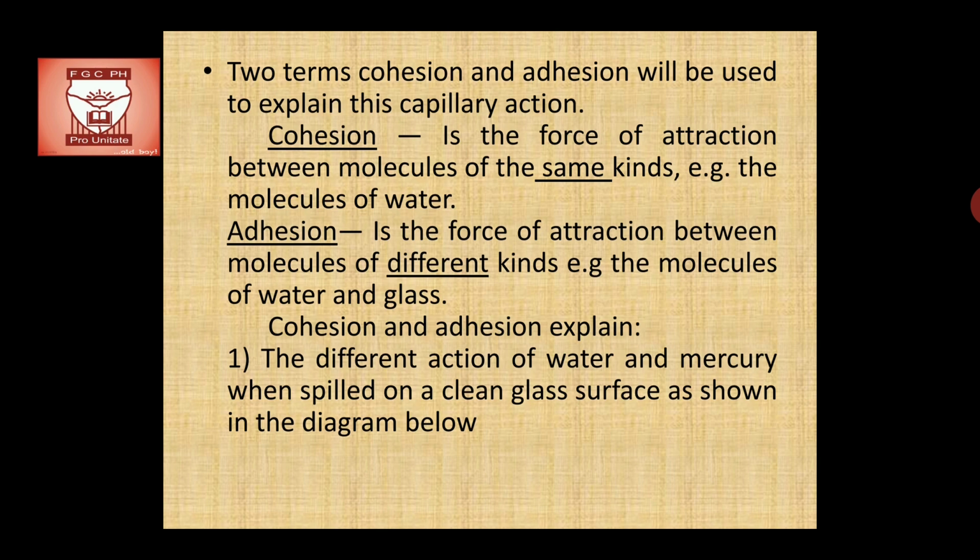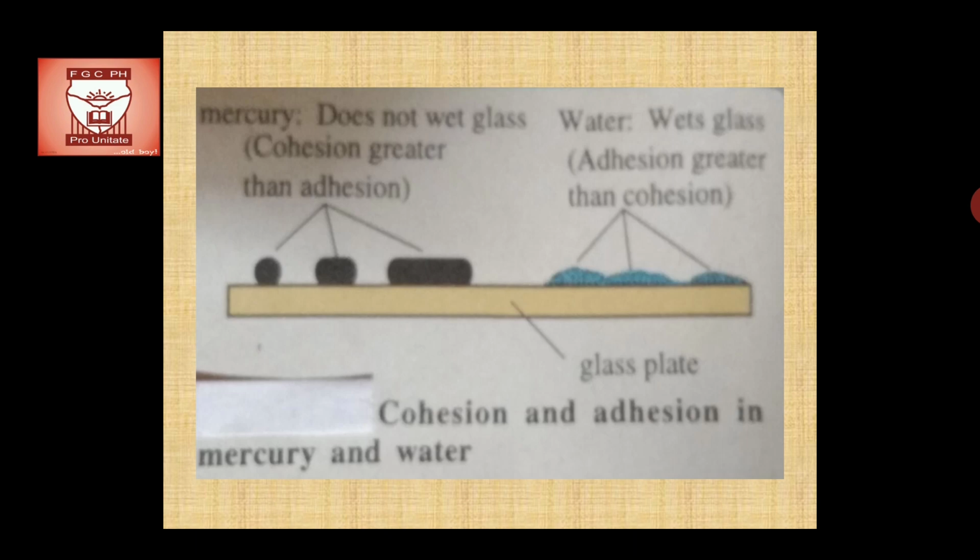Number 1, the different action of water and mercury when spilled on a clean glass surface, as shown in the diagram below. When you are looking at this diagram, you can see that mercury forms bubbles, but water wets the glass.